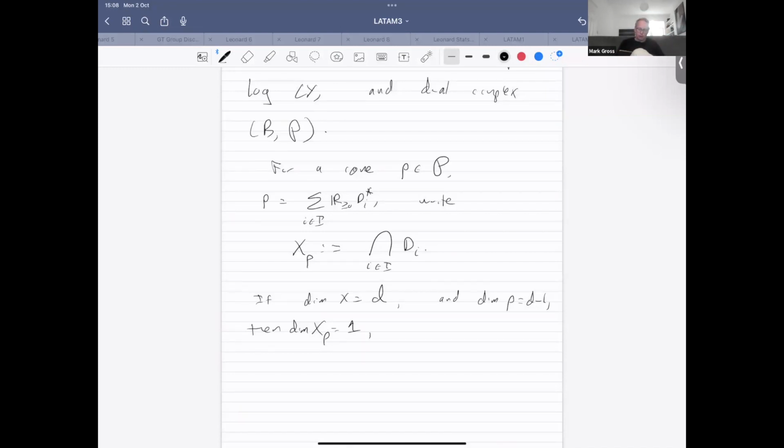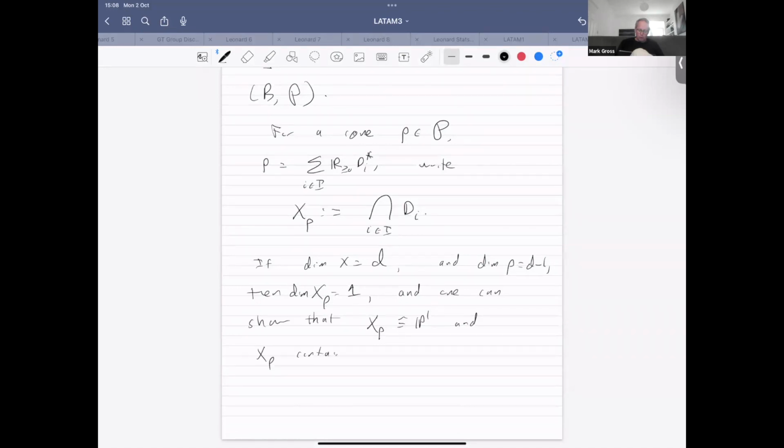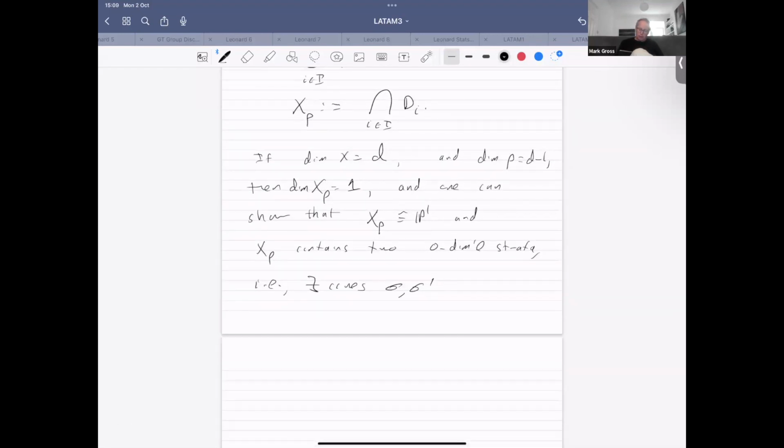And in fact, one can show, this is a somewhat non-trivial statement, that X_rho is in fact isomorphic to P1, and X_rho contains two zero-dimensional strata, i.e., there exist cones, let's say sigma and sigma prime, in P with dimension of sigma, sigma prime equal to d, and X_sigma and X_sigma prime both subsets of X_rho. So in particular rho is contained inside sigma and sigma prime.